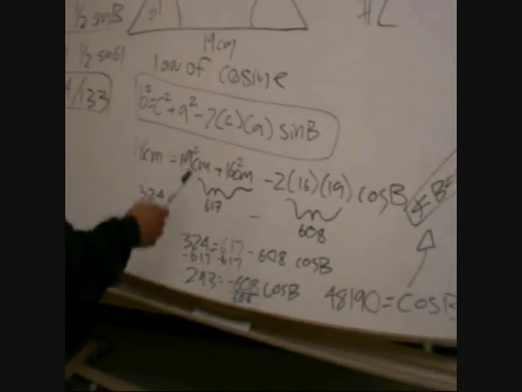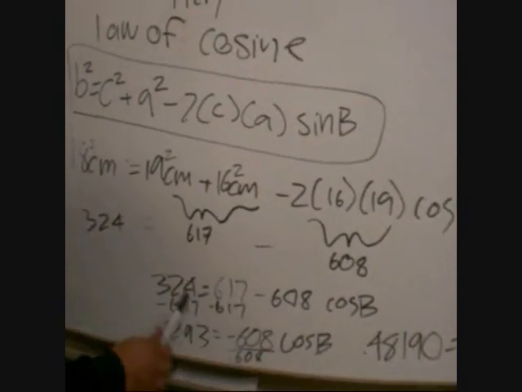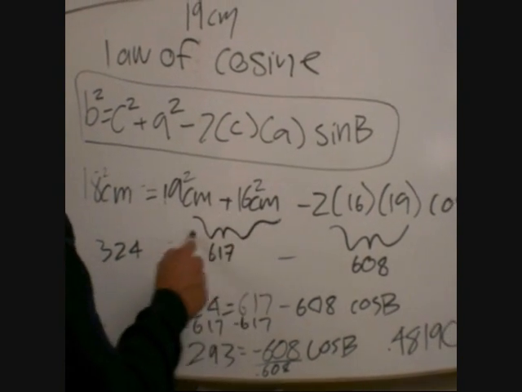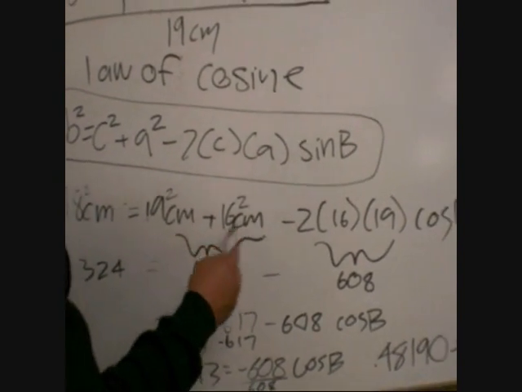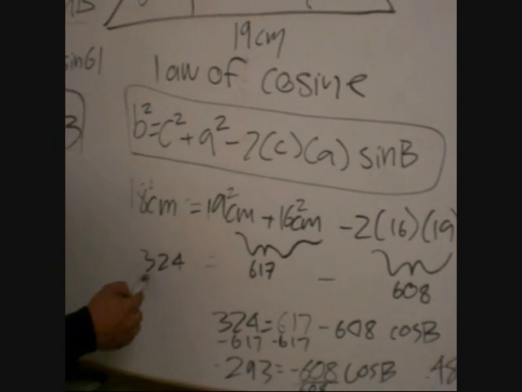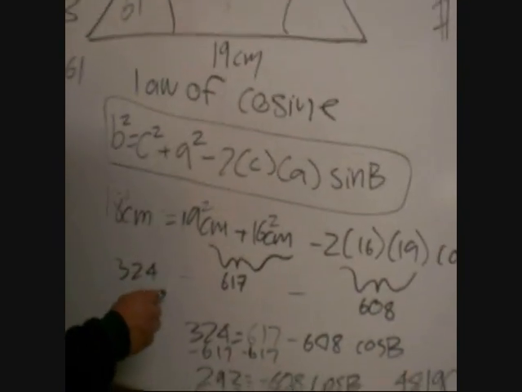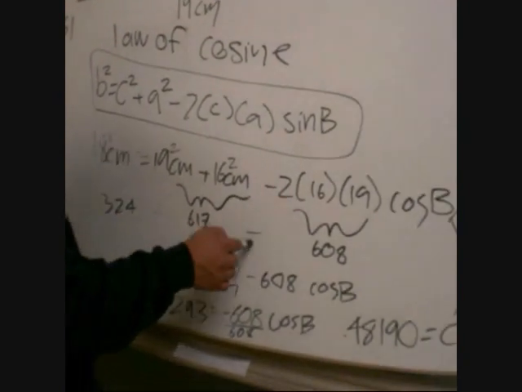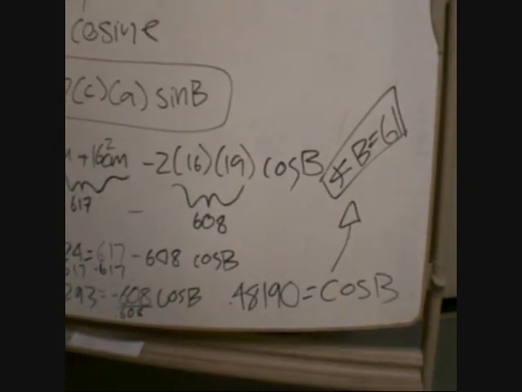So then we do it step by step, because if we do it all at once, it'll just throw everything off. First we do the first part: 19 squared plus 16 squared is 617. Right here, we squared 18 already, so it's 324. And it's 617 minus 608 times the cosine of b.